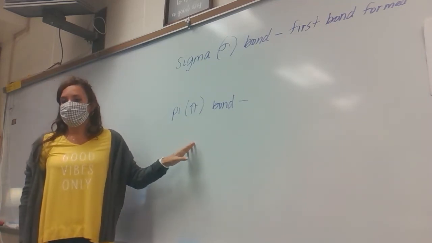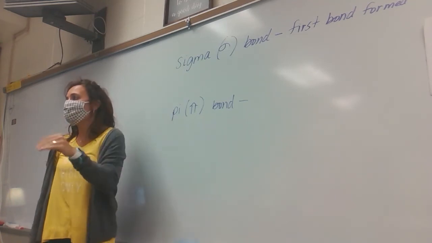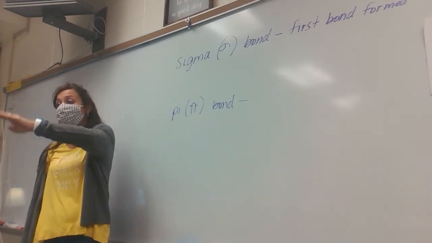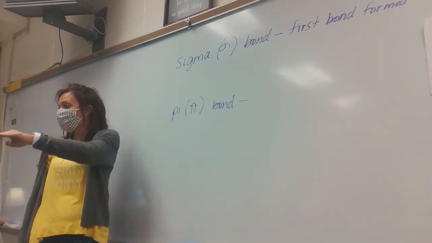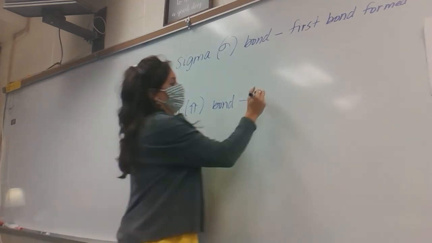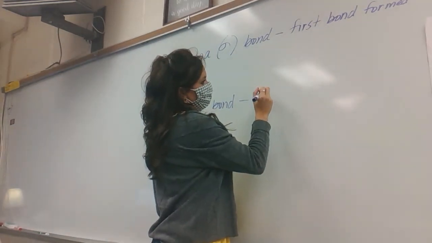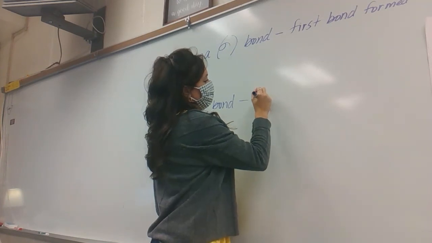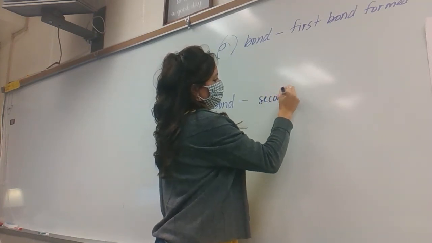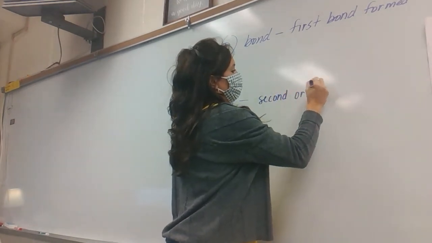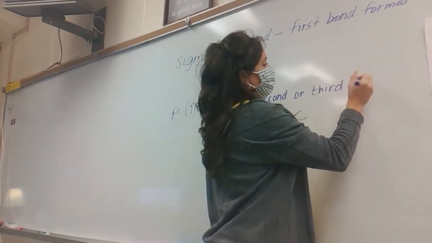Pi bonds are the later bonds. If a second bond or a third bond, a double or a triple bond gets formed, those are pi bonds. Second or third or even fourth bonds formed.